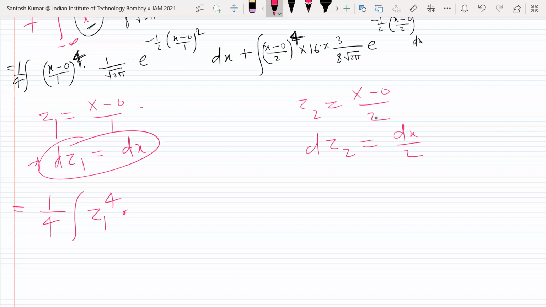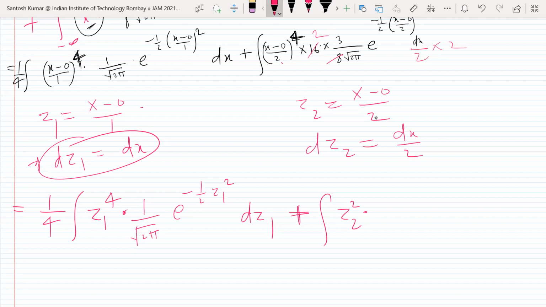Plus, next term I'm writing: this term can be written as z2 square, and 8 you can cancel by 2. But dx by 2 should be dz, so multiply by 2 and divide by 2. Now just balance things. 2 2s are 4. This will be dz2.